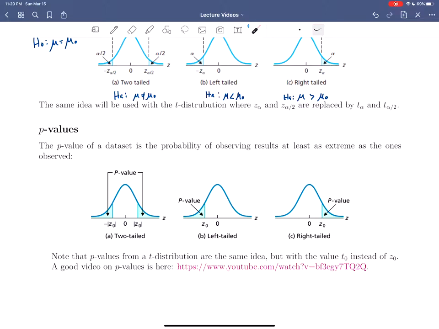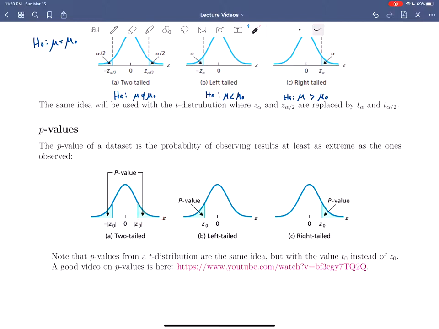What I mean by extreme is that if your test statistic comes out at this value z naught, then for a two-tailed test the p-value is going to be the area, the probability that your data point is here or to the right, at least as extreme. And if it's two-tailed, you also have to take into account that it could also be over here. Okay, so I still can't draw, sorry, even though I'm now a fancy YouTuber.